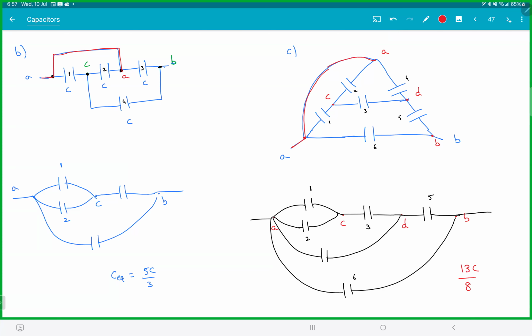I hope the method is clear, everyone. Clear? Any doubts on this?